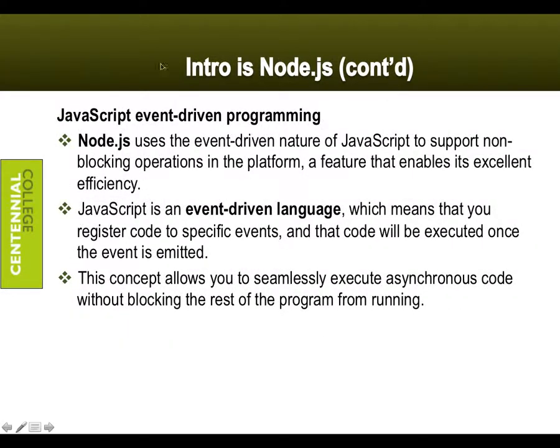So again, when we think about JavaScript being event-driven, everything you do with JavaScript is event-driven, right? Node takes advantage of that because everything that we do with Node is event-driven. For example, we make a Node server, and it's listening for someone going on to port 3000, as when we created that Node server last week. So that is an event that's driving how Node routes our requests for the user.